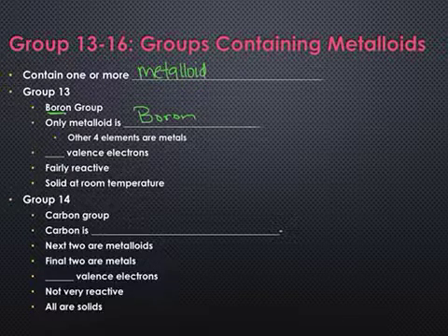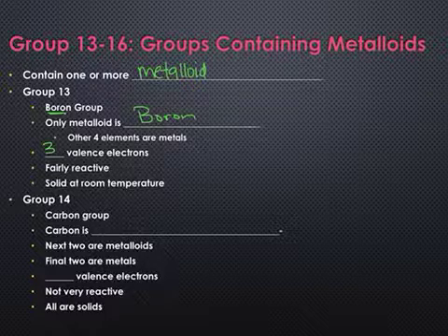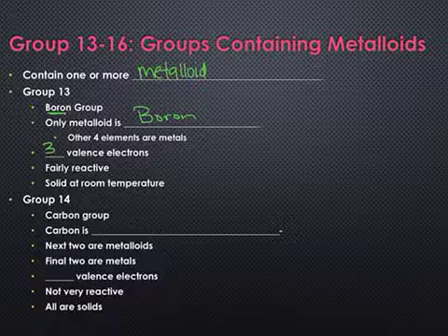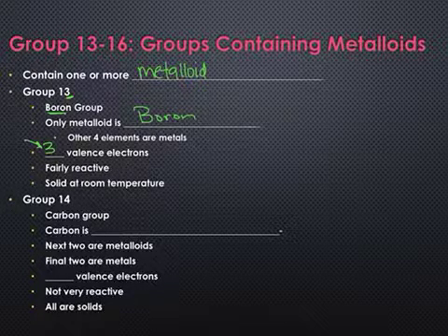The 4 other elements are metals. They have 3 valence electrons, and they're fairly reactive. And again, they're solids at room temperature. So what you'll notice here is that we still have a pattern with these valence electrons: this is the 13th group, and it has 3 valence electrons.